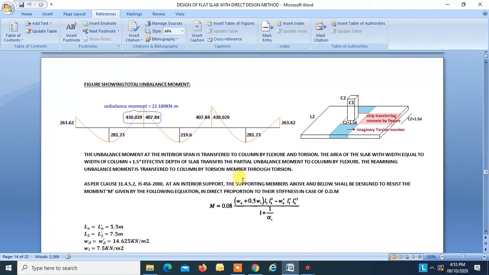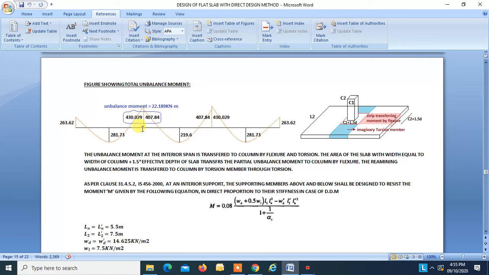Now, these are our longitudinal moments. We can see at this common joint, the moment over here is 430.029. The moment over here is 407.84. So there is an unbalanced moment of 22.189 kilonewton meter, which will be taken by the column.